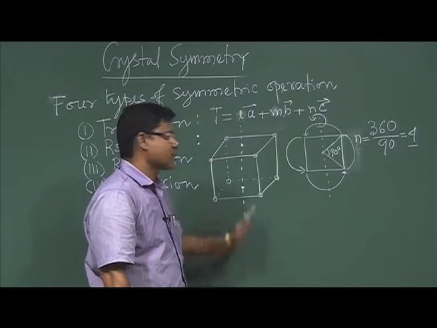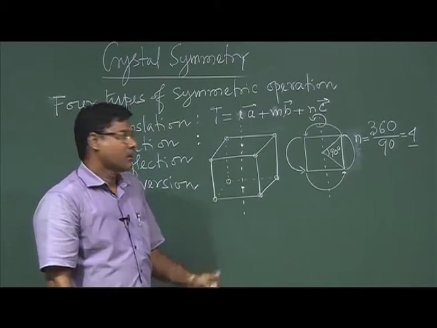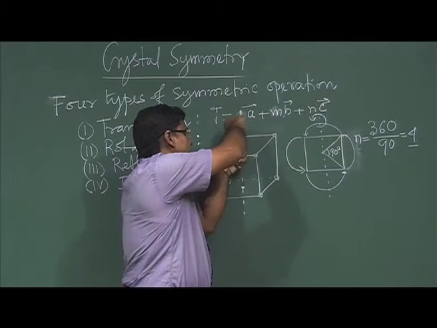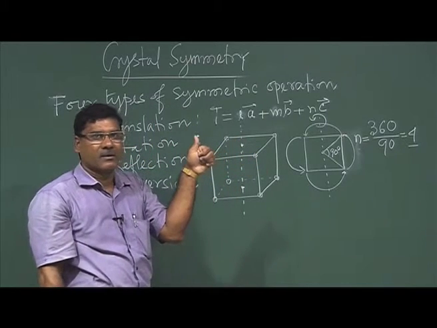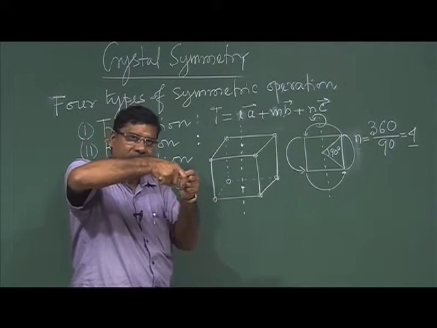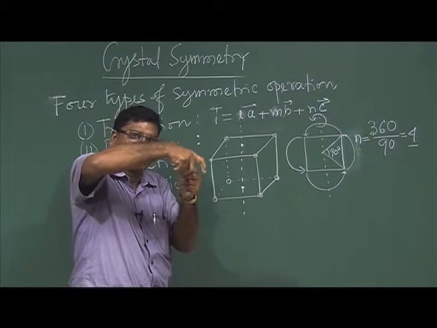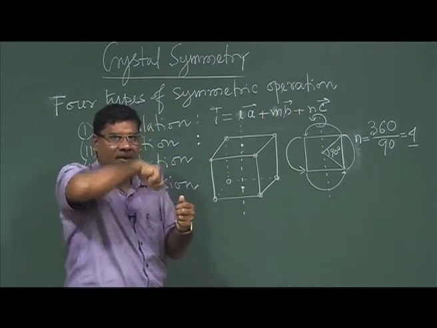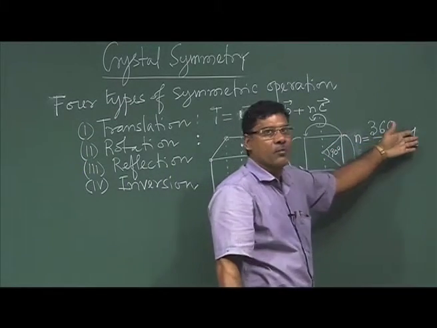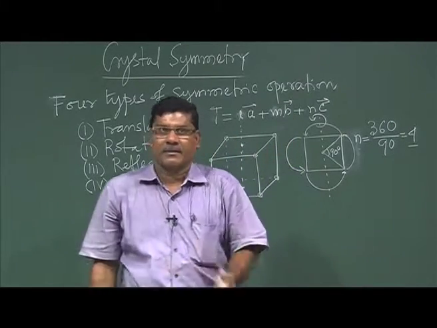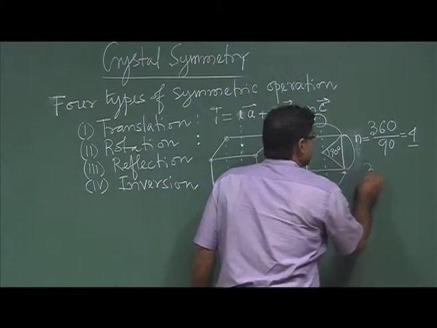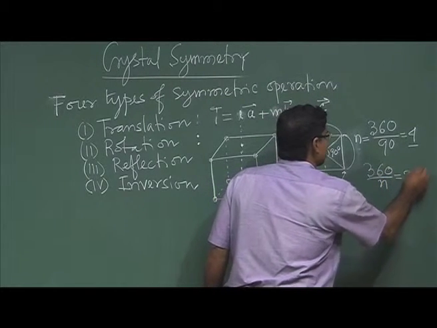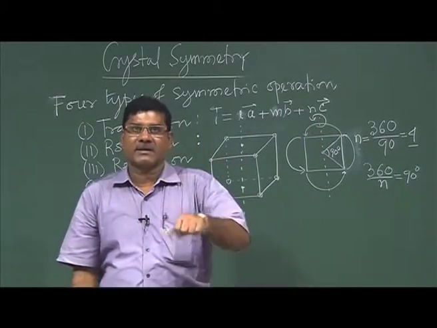With respect to this rotation axis we can rotate this cube, and it comes 4 times into the symmetry position, the invariant position. So, if it has fourfold symmetry, what is the angle you can find out? 360 degrees by n. So, if it is fourfold symmetry, after 90 degrees you will get the symmetry.